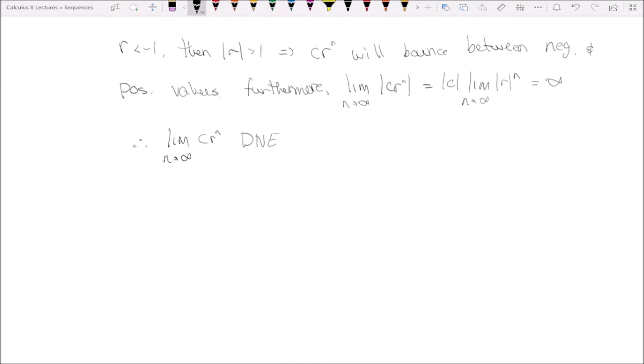So what we can conclude here is that c r to the n converges for r greater than negative 1 and diverges for r less than or equal to negative 1.